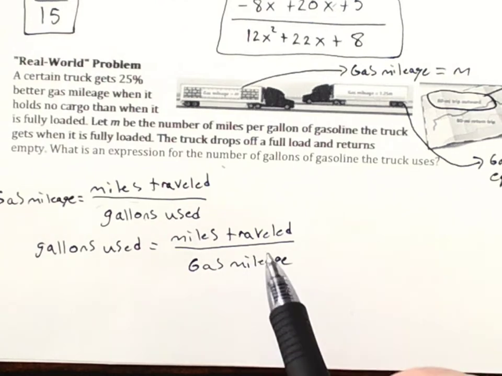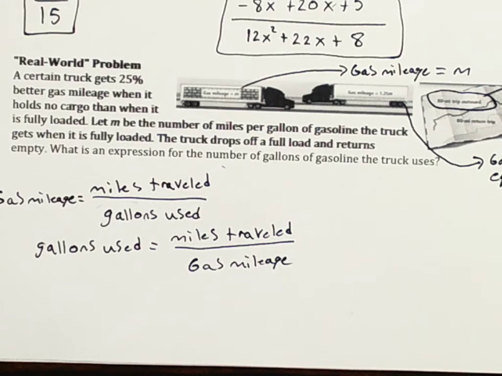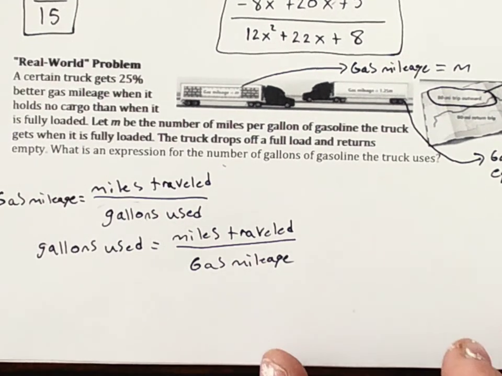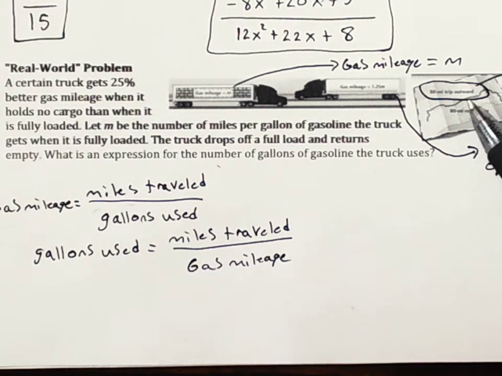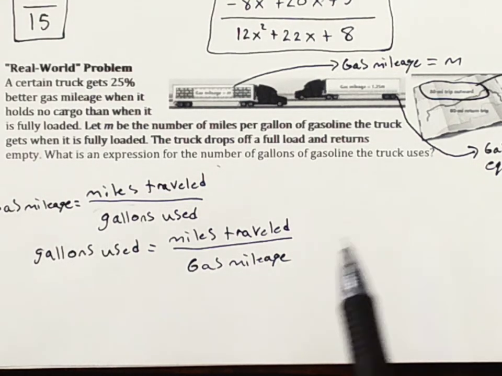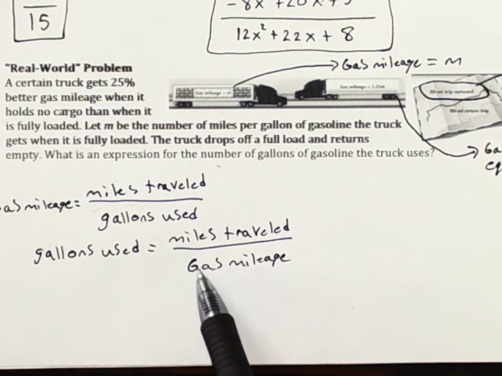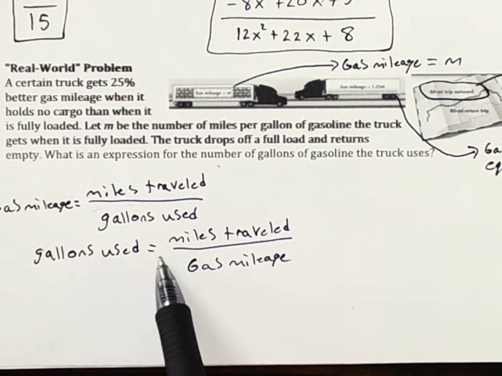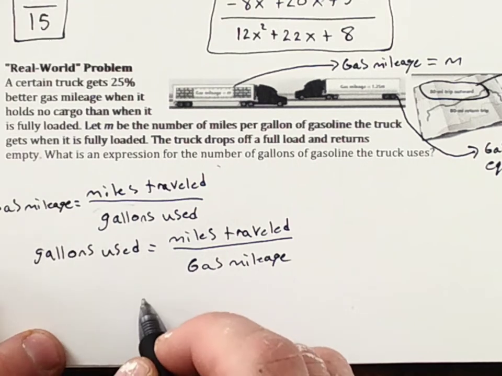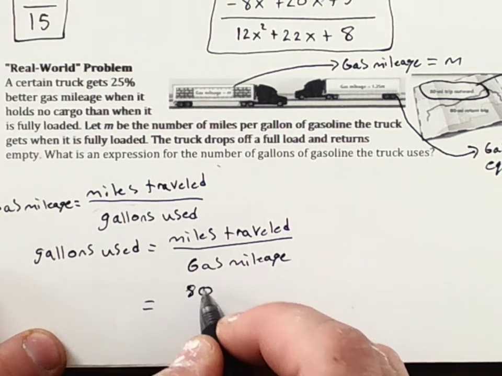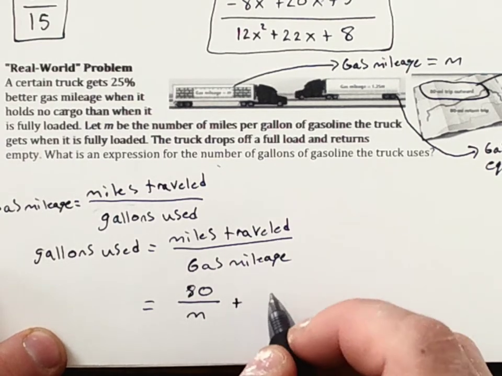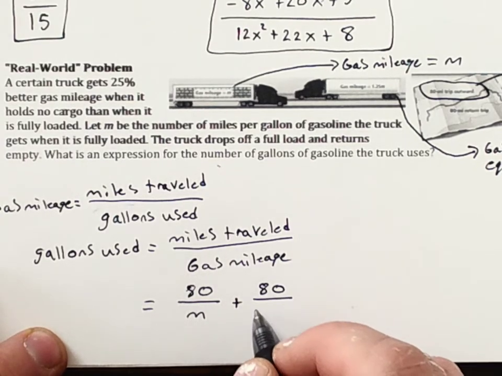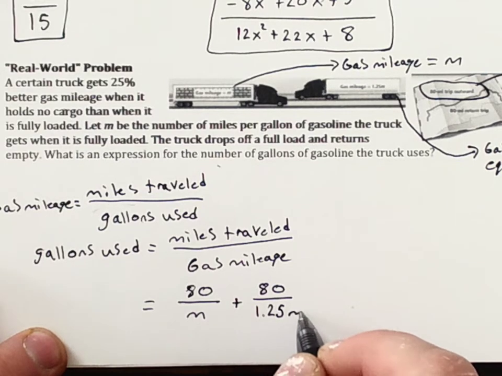The miles traveled is the same: on one trip it's 80 and on the second trip it's 80, but the gas mileage is what changes. So I'm going to have to add two fractions together: 80 divided by M, plus 80 divided by 1.25 M.